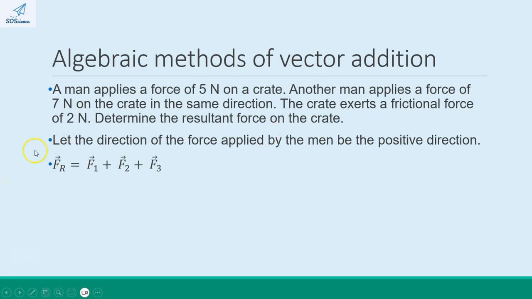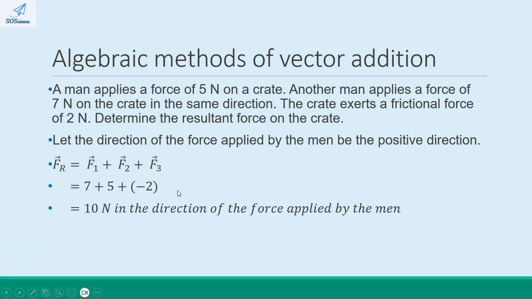So Fr equals F1 plus F2 plus F3 because I'm dealing with 3 forces here. So it is 7 plus 5 minus 2, which gives us a positive answer of 10. And what we stated is that the positive direction is the direction of the force applied by the men. So it's 10 newtons in the direction of the force applied by the men.